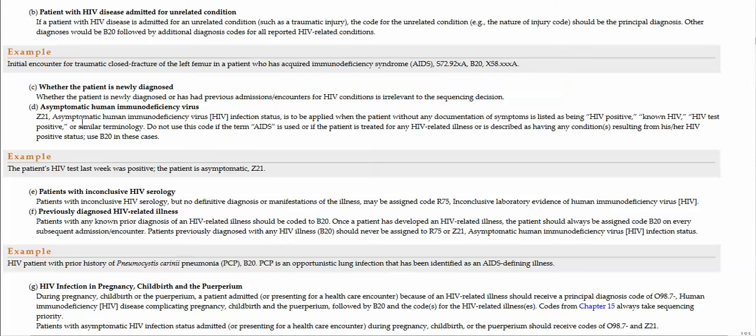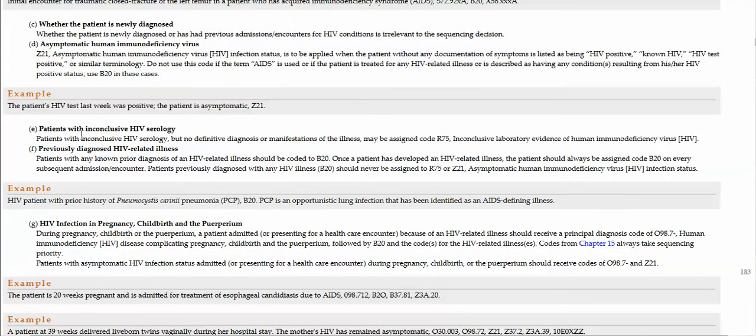Now they're showing symptoms. So now you have to switch to using B20. In this case, you will never go back to use Z21 ever again. From this point on, you will always use B20 for people like this, okay? So, example, the patient's HIV test last week was positive. The patient is asymptomatic. You do Z21, okay?